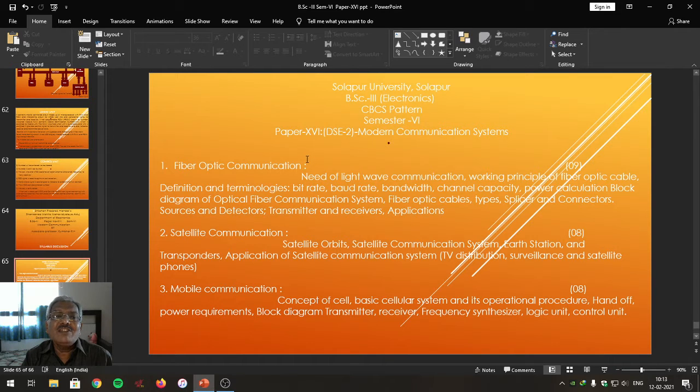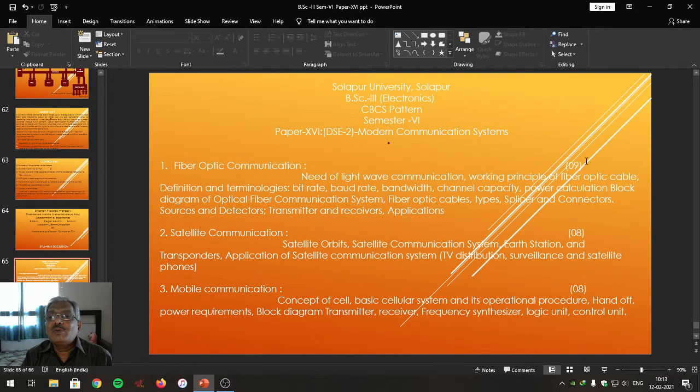That is, how light radiations are useful to carry the information from one point to another point. So that aspect we are going to cover in fiber optic communication.